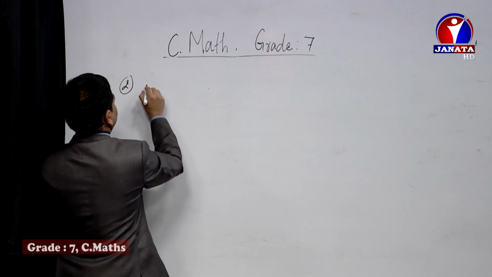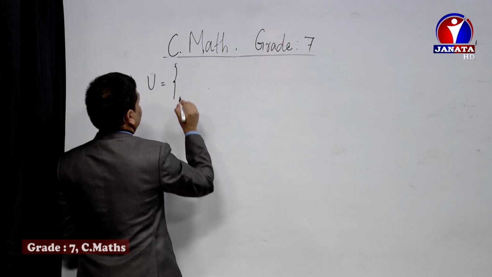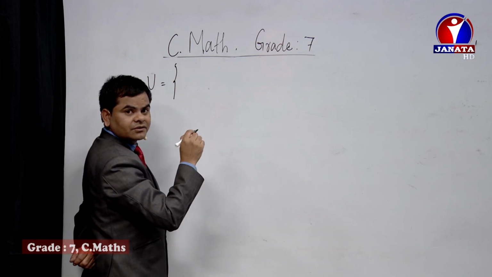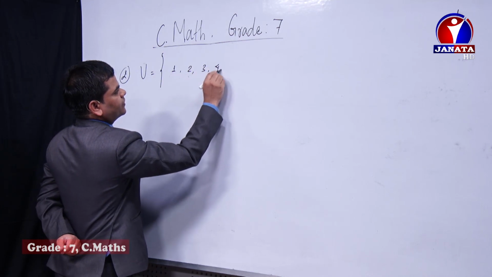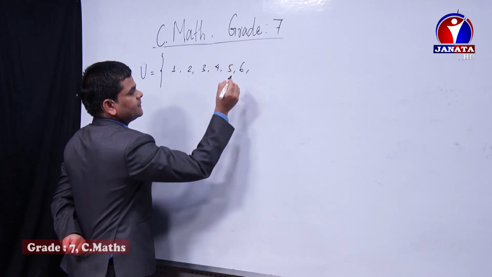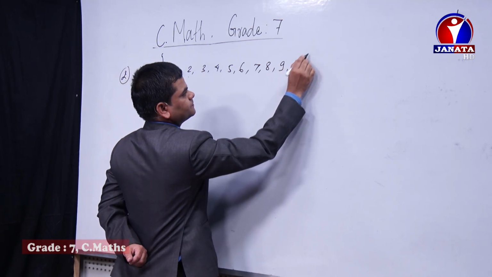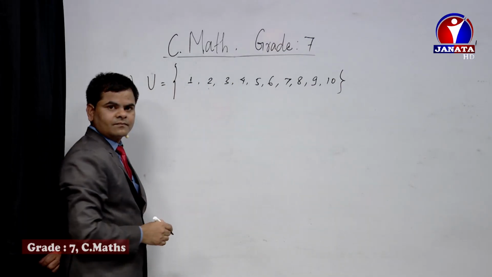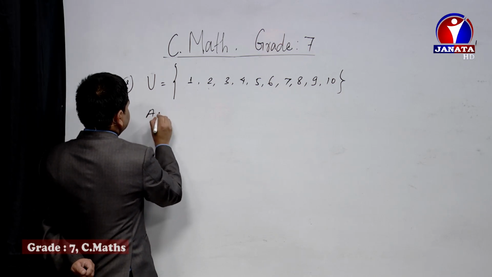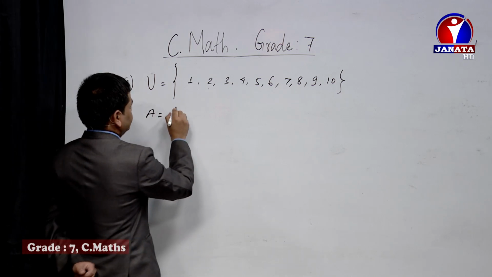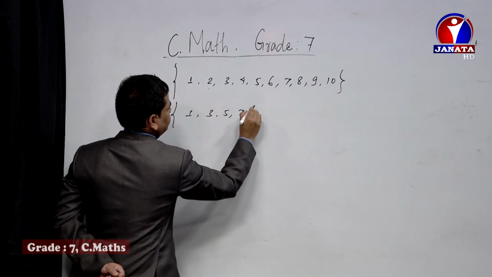So let's take another example. Example number 2. Universal set. Let's take some elements, countable numbers, real numbers, or the natural numbers: 1, 2, 3, 4, 5, 6, 7, 8, 9, and 10. Let's take set A as 1, 3, 5, 7, and 9.